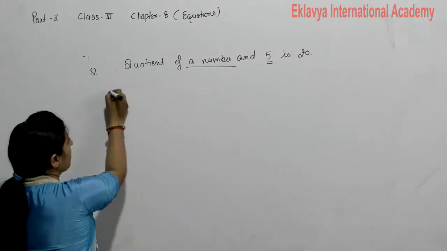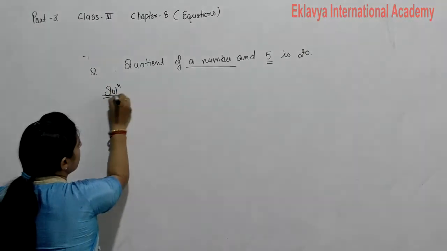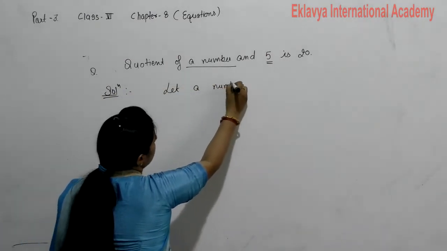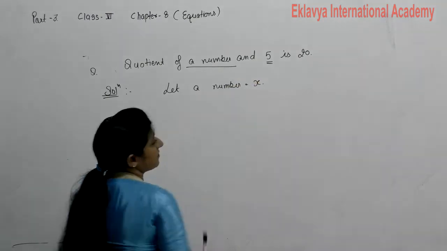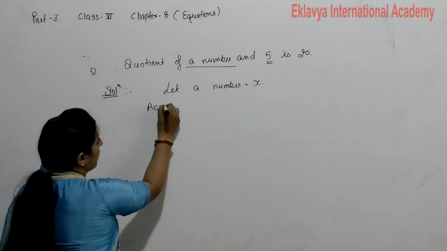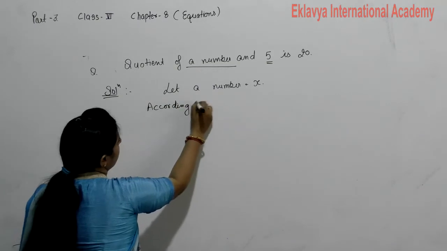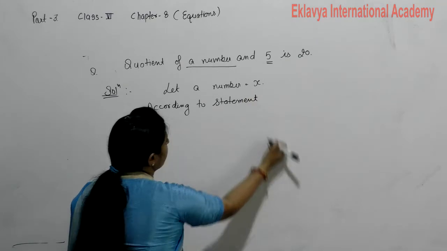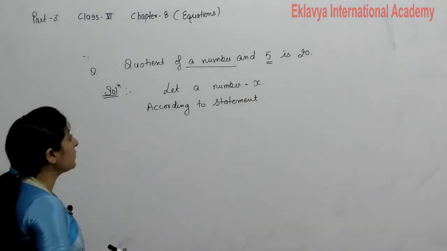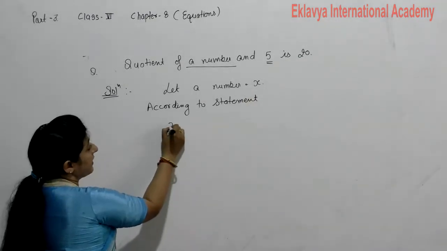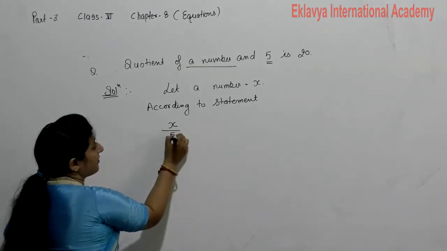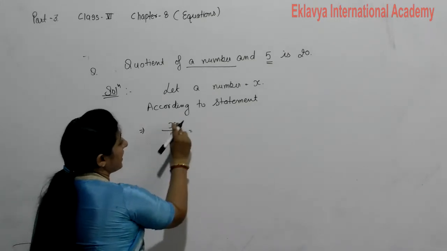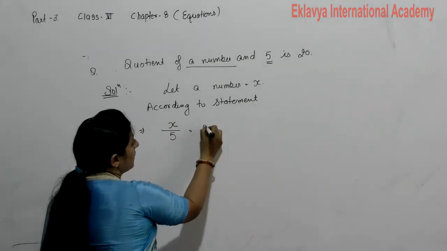Now see, we don't know the number, so same thing, we write: let a number is equal to x. Now according to the statement, we want to convert this problem into an equation. So we write: quotient of a number x and 5 is equal to 20.